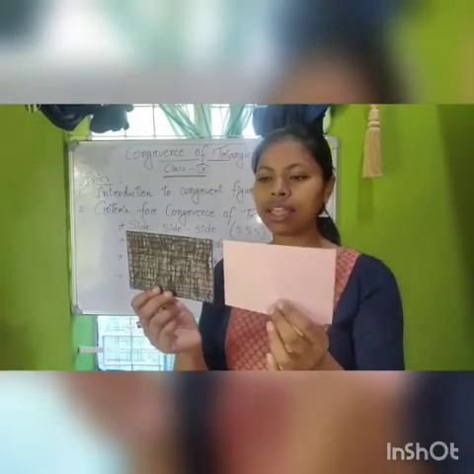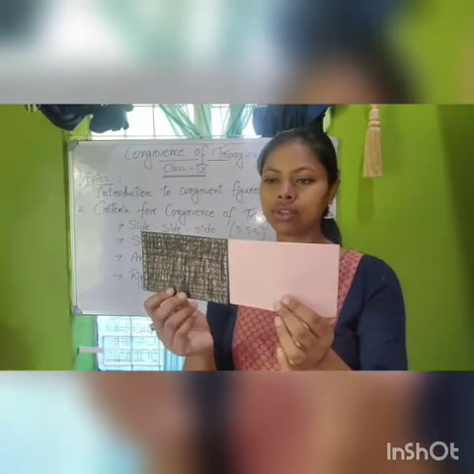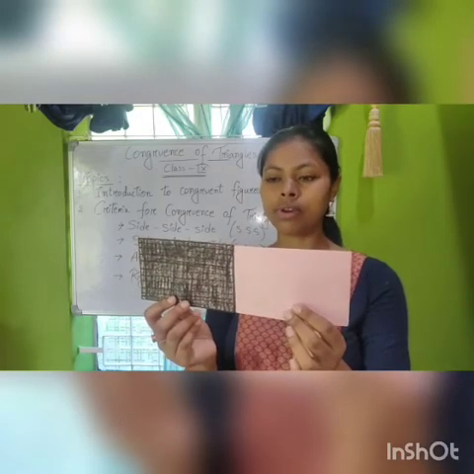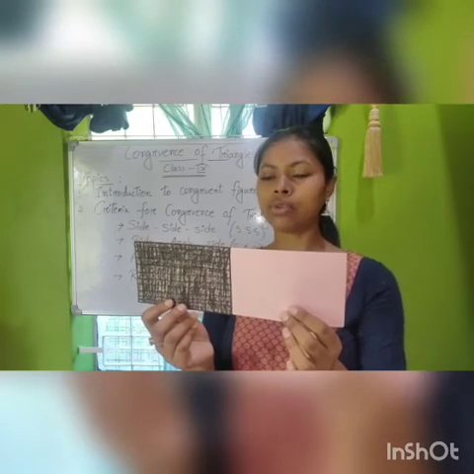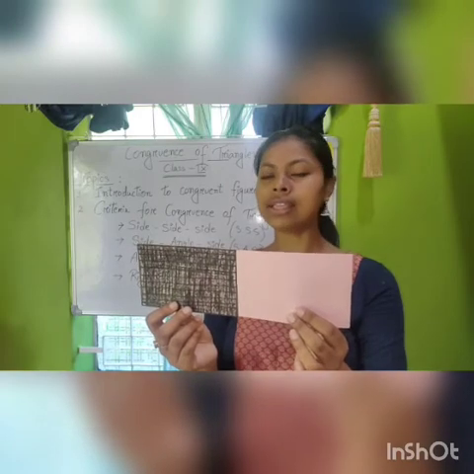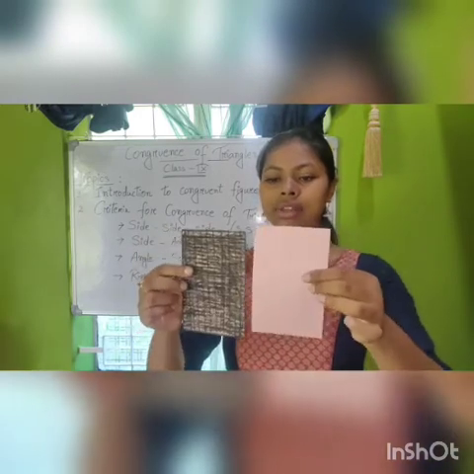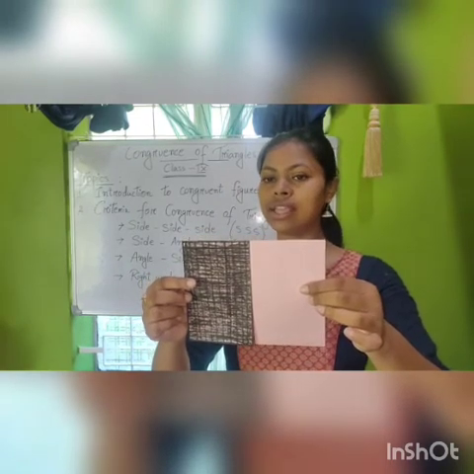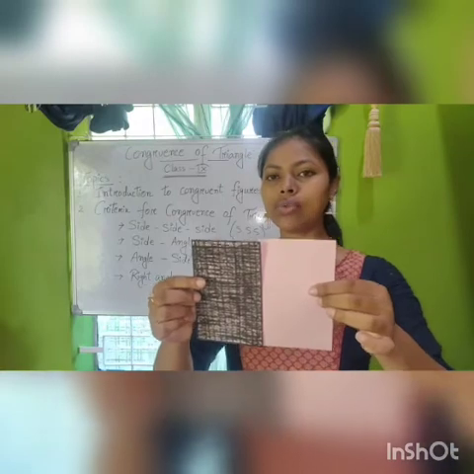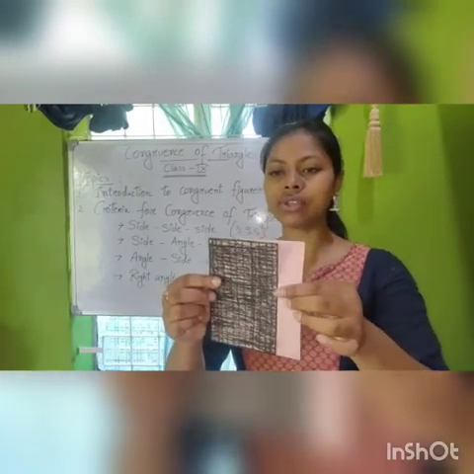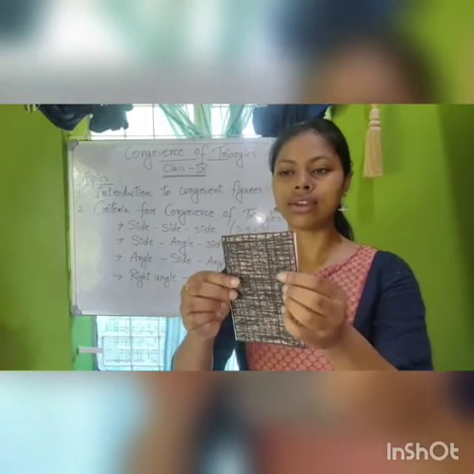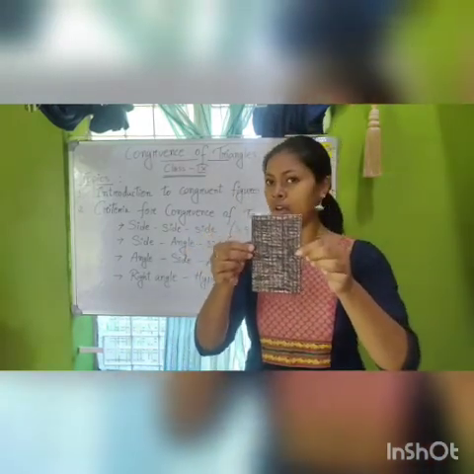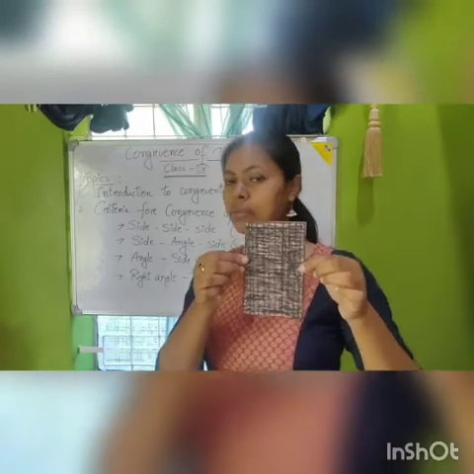If I match the two sides of the two papers, then the length of the two sides looks completely the same. Similarly, if I measure the breadth, it is also completely the same. Or in one word, if I cover one over the other, can you see the pink paper? Probably not. You can see only the black paper.